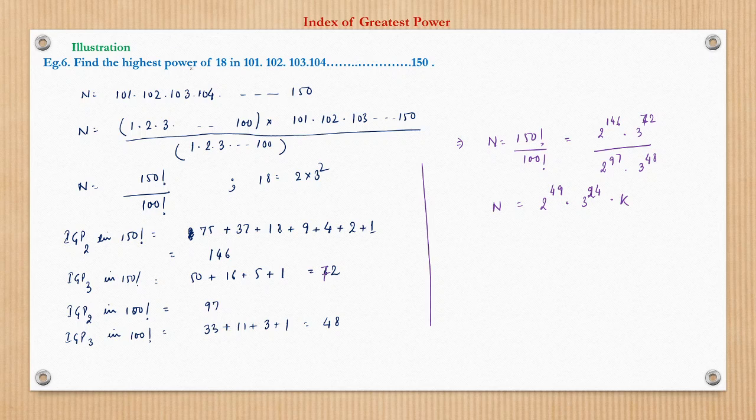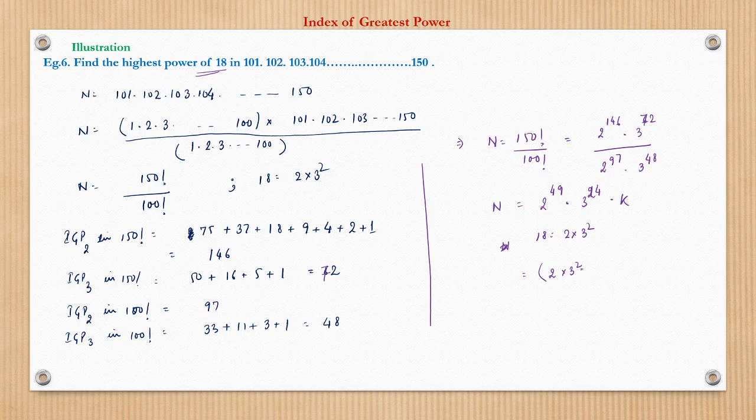And here we have to find the highest power of 18. So what will be the highest power of 18? 18 is nothing but 2 into 3 square. So we can write this with 3 square.